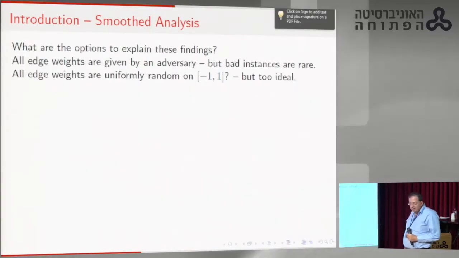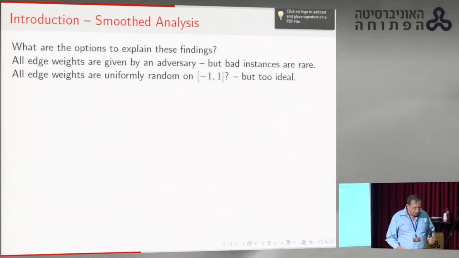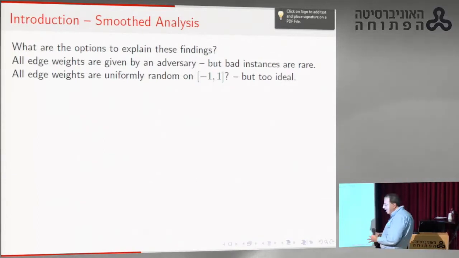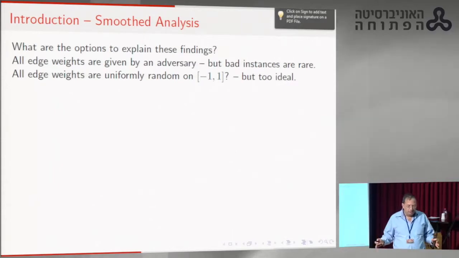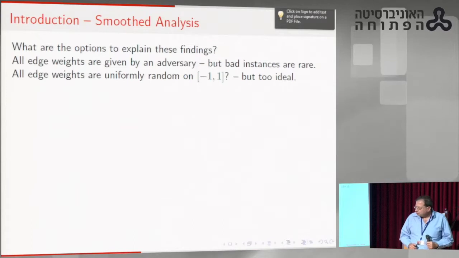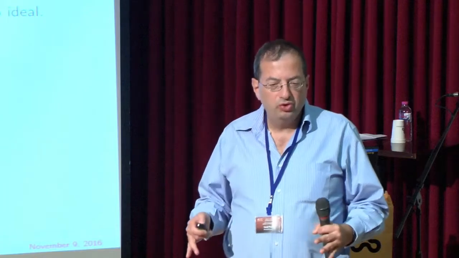So in the simplex algorithm, the first thing that was done is look at just an average case model where the weights, or the constraints or the coefficients, are coming from some independent IID distribution. In this problem for MaxCut, that was also open.